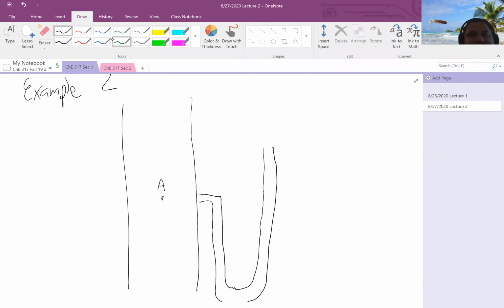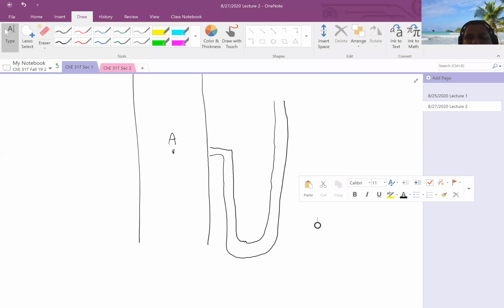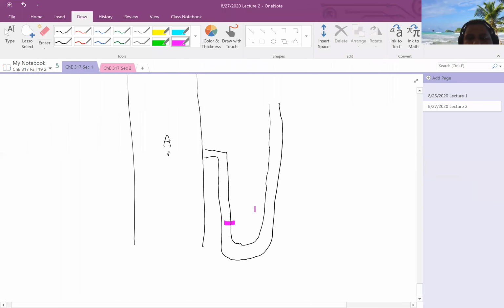What do we want to fill this with? You guys have any color preferences? That looks fancy. Mercury.